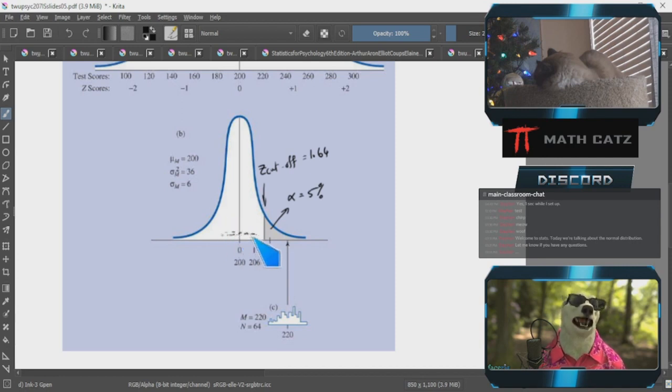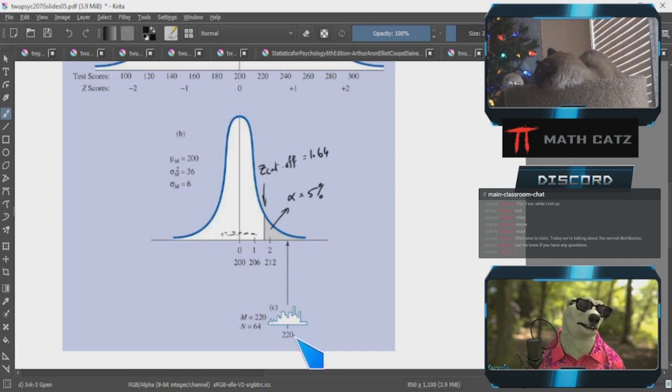Yeah, it's not going to be exactly at the center. Of course, there's some variation, but we don't expect a lot. In fact, within this cutoff, we're going to expect 95% of all the samples we could possibly get will fall in here.